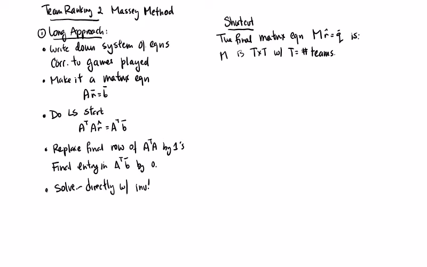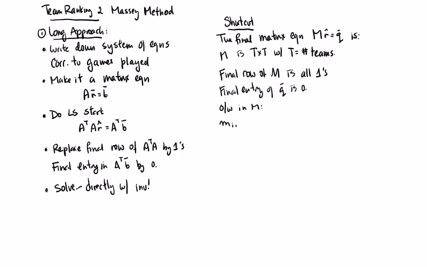The final row of M is all 1s. The final entry of Q is 0.